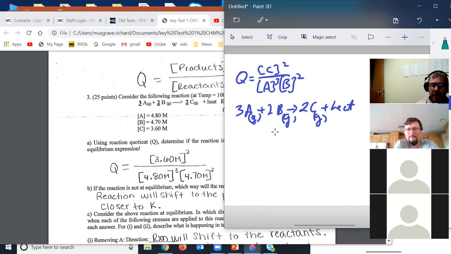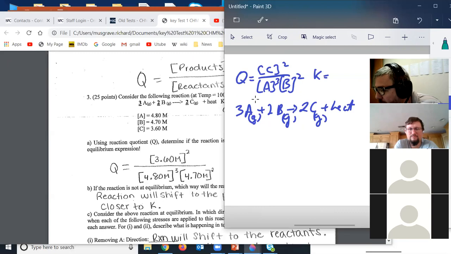The other way of looking at it is that if I'm removing A and the reaction was at equilibrium, K is going to be the same thing. Except this is at equilibrium, and this is when we're not at equilibrium.